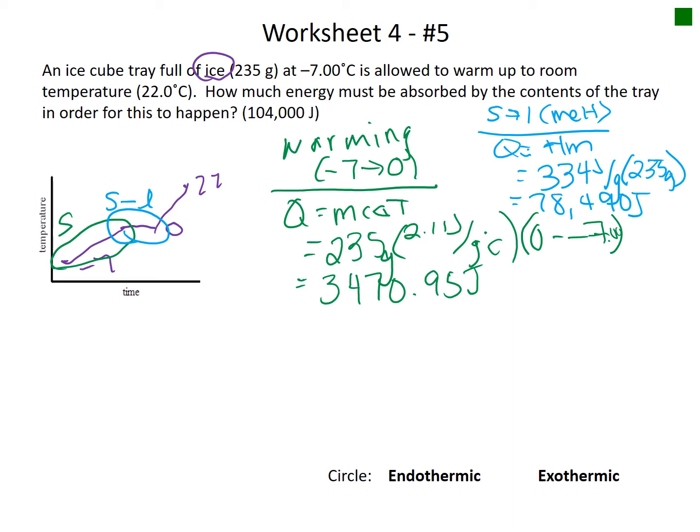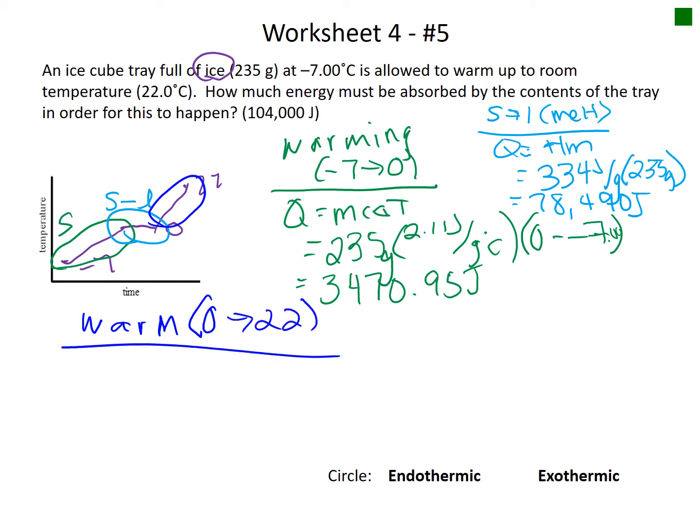Now I'm going to deal with 0 to 22 degrees. That is once again a warming situation, but in this case, instead of a solid, it's a liquid. Whenever I'm changing my temperature, I use that MCAT formula.